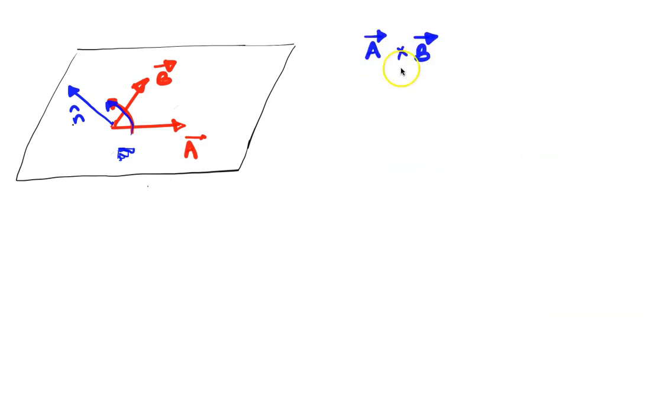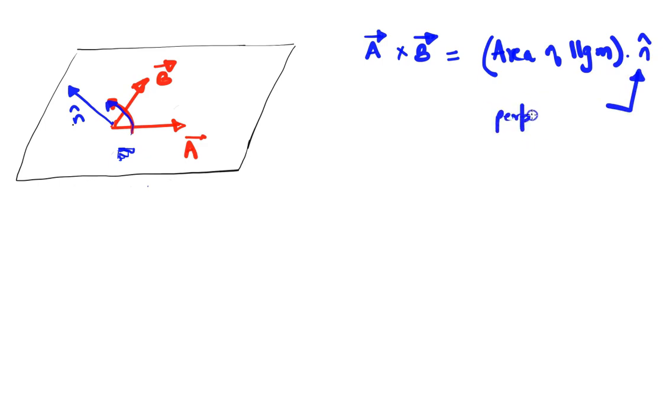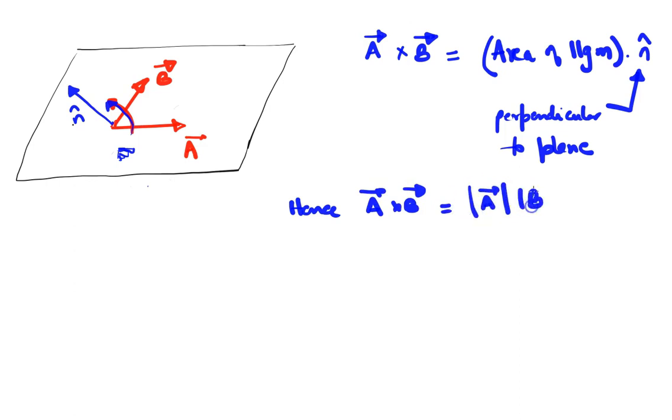To repeat one more time, A cross B is the area of a parallelogram whose two sides are represented by vector A and vector B with direction perpendicular to the plane that contains A and B, and hence A cross B is A vector, B vector, sine theta, where this is an angle theta, times the n cap.